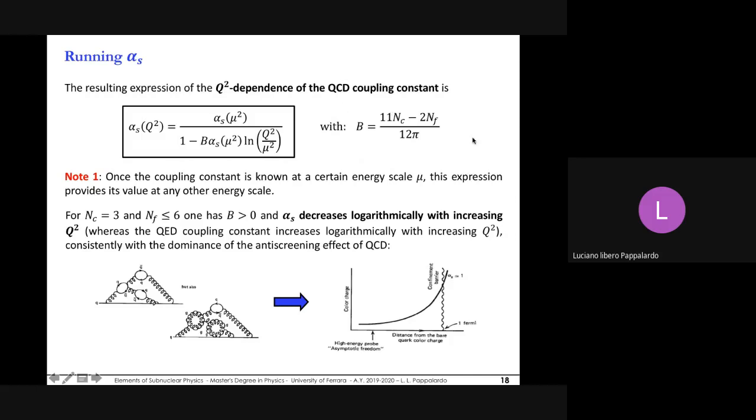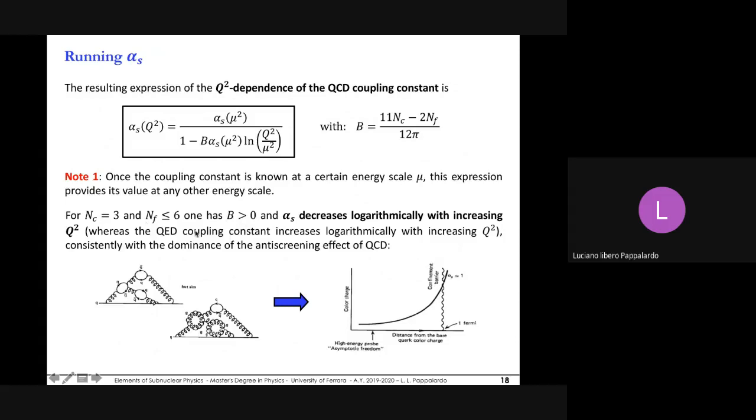So back to this B factor, okay, we can now substitute some numbers here. The number of colors, we know it is 3, and we also just showed how it is experimentally proved. The number of flavors, okay, suppose the active flavors can be at maximum 6, okay? We know there are 6 quark flavors at maximum.